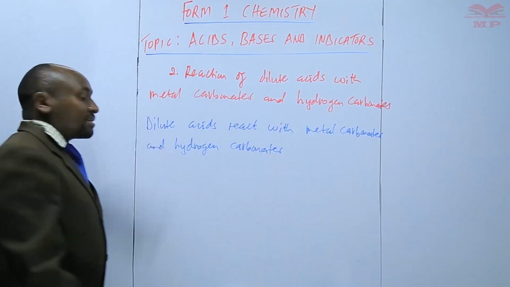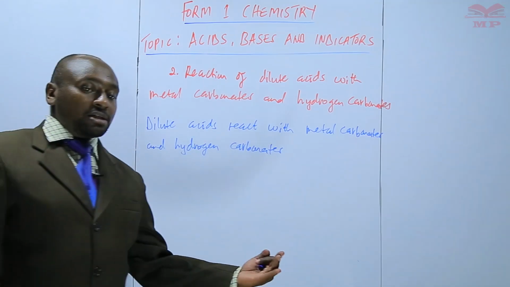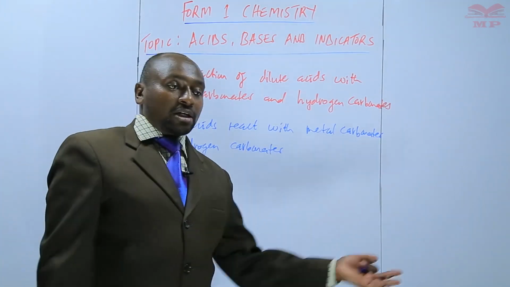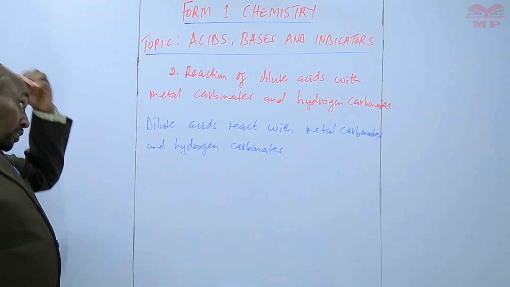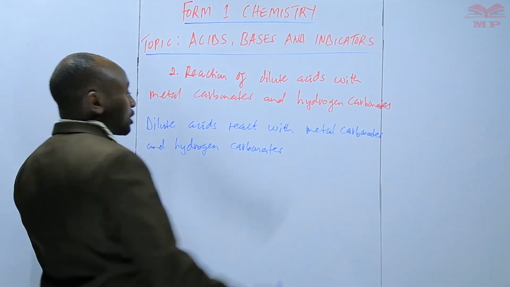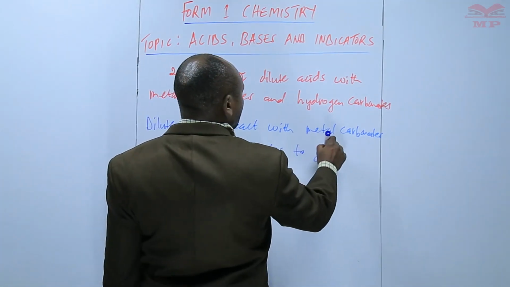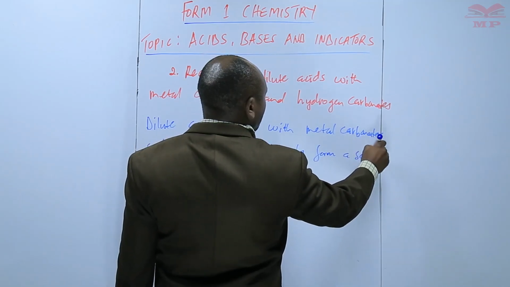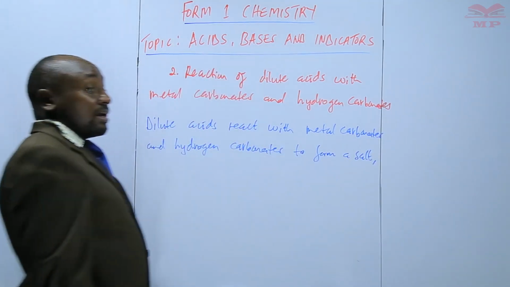Hydrogen carbonates are things like sodium hydrogen carbonate, potassium hydrogen carbonate. So it reacts with the hydrogen carbonates to form a salt. A salt must be there.